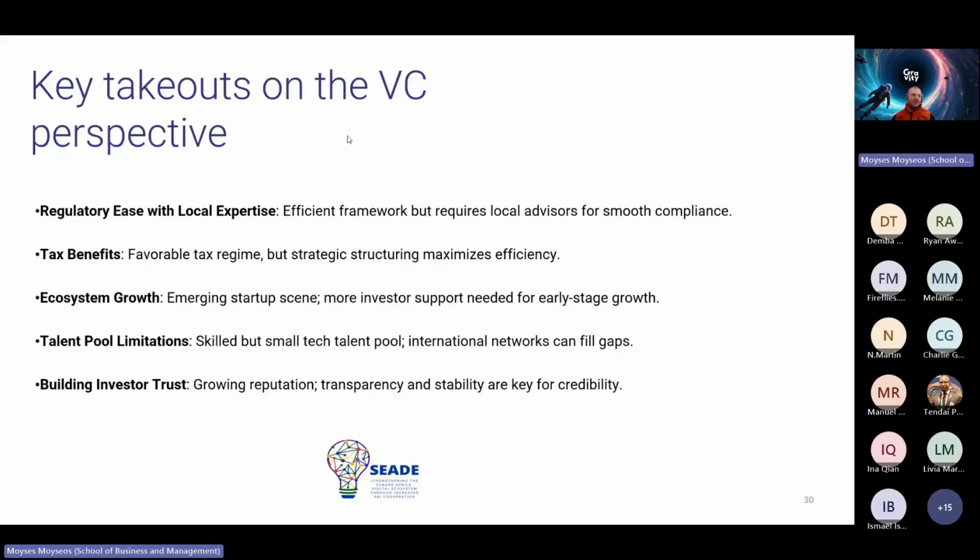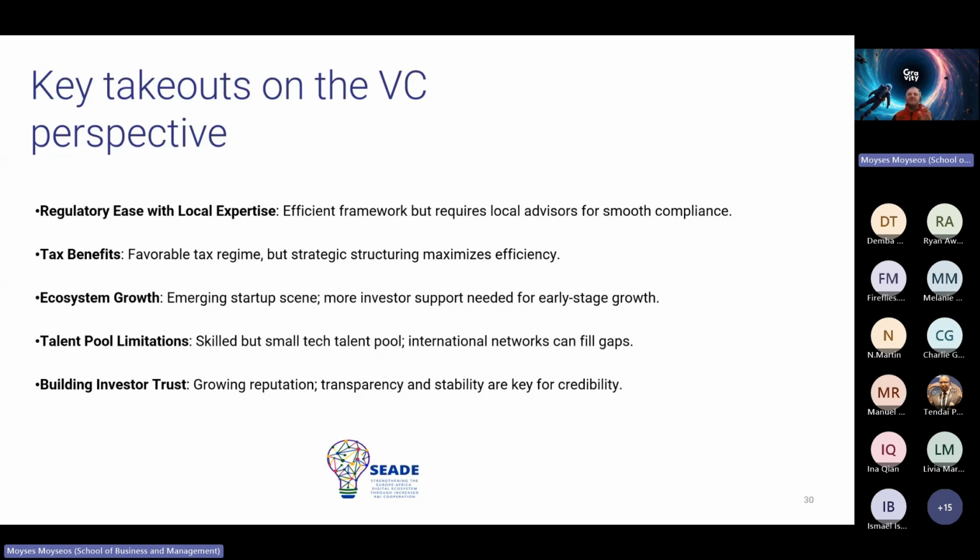So the regulatory is with local expertise. We tried to copy other countries, which was a mistake. So we had to adapt to local advisors and local ecosystem needs in order to have a smooth compliance.